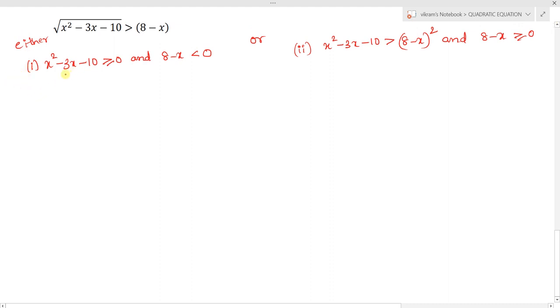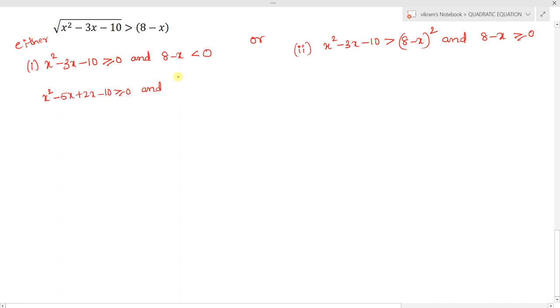What is the first one? x square minus 3x minus 10 greater than or equal to 0. We can factorize this as x square minus 5x plus 2x minus 10 greater than or equal to 0.